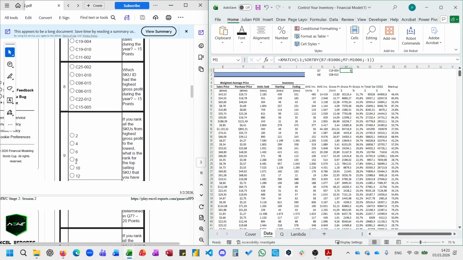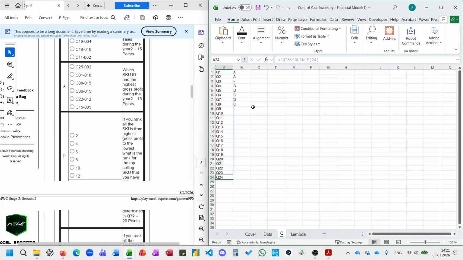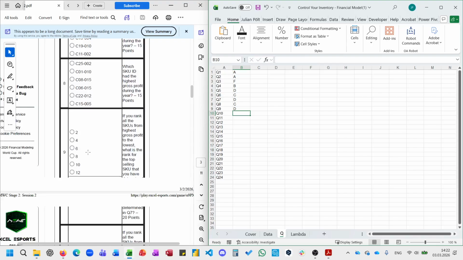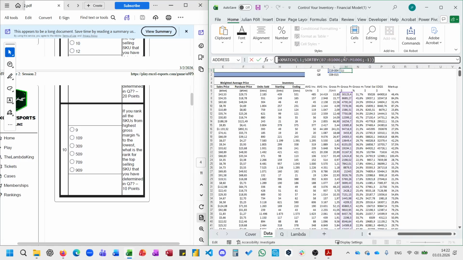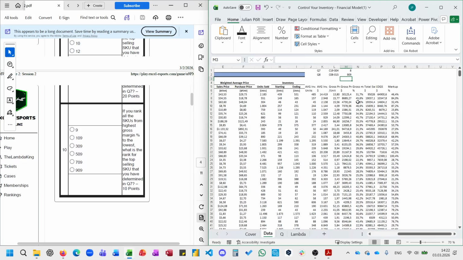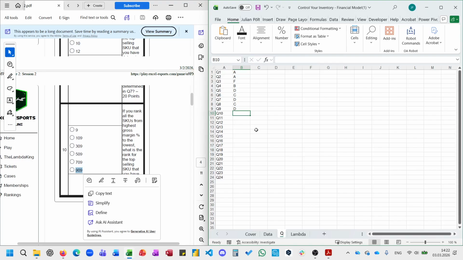Ranking is 8, so answer D. If you rank all the SKUs from highest gross margin to the lowest, what is the rank of the top selling SKU you have determined there? So now take gross margin, answer 909, and it's F.